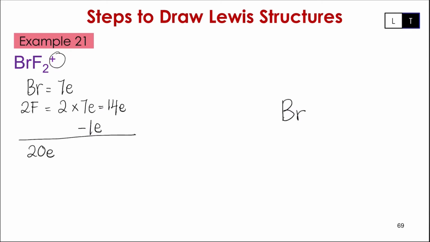Then dia bonded kepada 2 fluorine atoms. So that's why satu bonding pair bonded kepada 2 fluorine. Kita dah guna 2 bonding pair, maknanya 4 electrons. So 20 minus 4. So we got 16 electrons left.